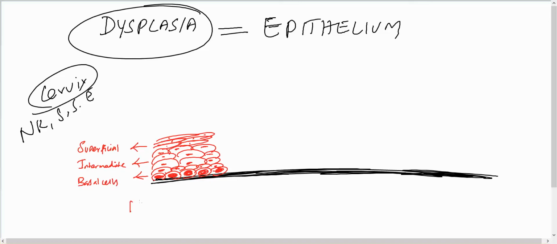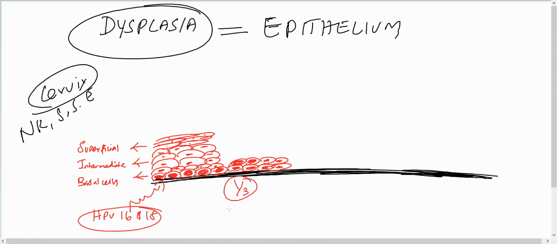If it is infected by human papilloma virus 16 and 18, this virus infects the basal cells and increases the basal cells' division, and the basal cells increase in number. If it is increasing to one-third thickness, it is called dysplasia, but it is only one-third.